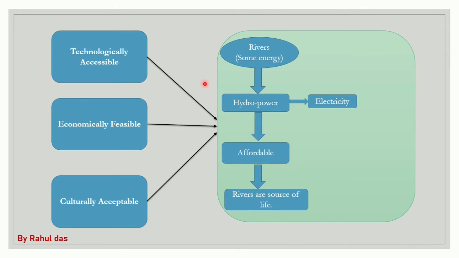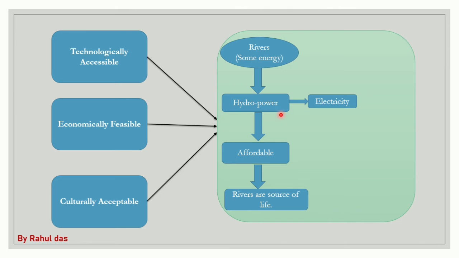I'll use a very simple and easy example to make you all understand. We all know that rivers are resources which have some energy in them. What we do as human beings is use some technology. Here it is hydropower, a technology which we use to generate electricity from the water.